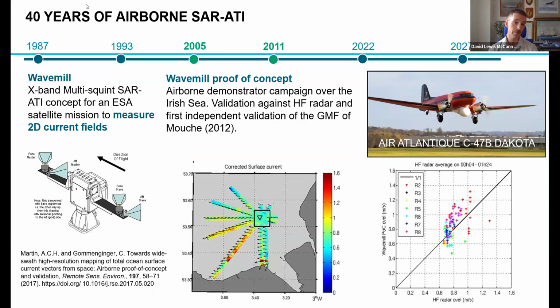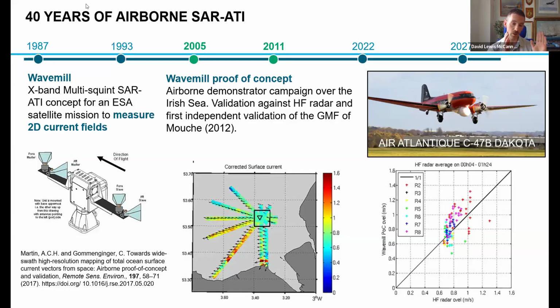Then in 2005, the WaveMill satellite mission concept was put to ESA, and the idea behind this was to combine these two orthogonal looks into one instrument, so that you can observe a total surface current vector from a single pass. And to do this, there are 4 channels. You can see the instrument design on the left there.